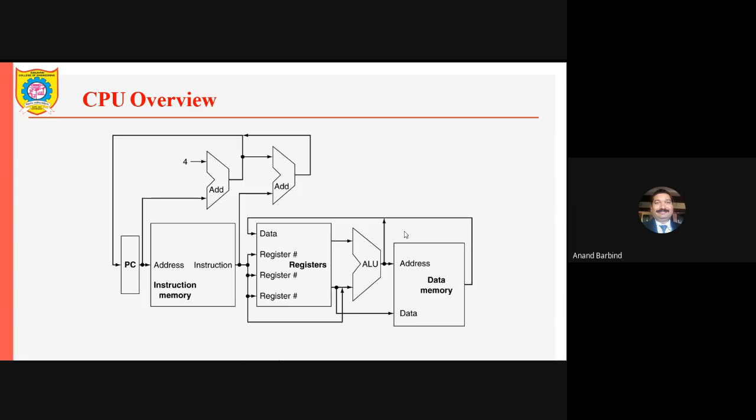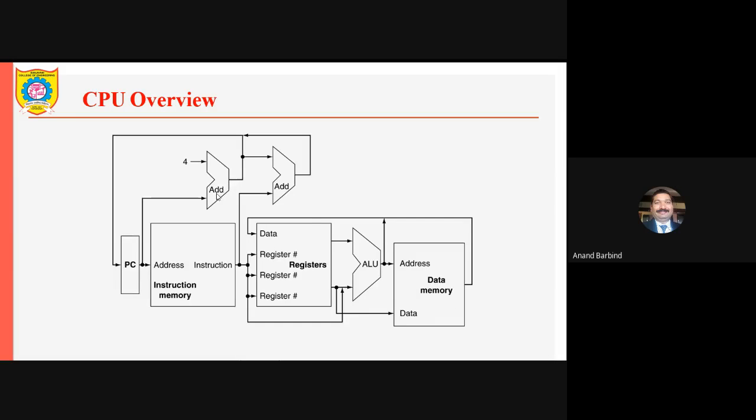So two operations are there with the data memory. One is the store operation, with which the contents of some register are stored into the data memory, or the load operation, in which the contents of some data memory are loaded into one of the registers. So two basic operations are there.